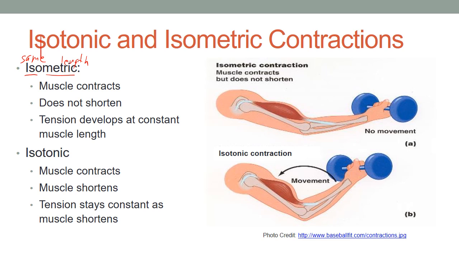And so that tension develops at a constant length. So that's one way to build up tension in a muscle: set a particular length and then build up enough tension to hold the grocery bag or the dumbbell or the baby at exactly that one spot.